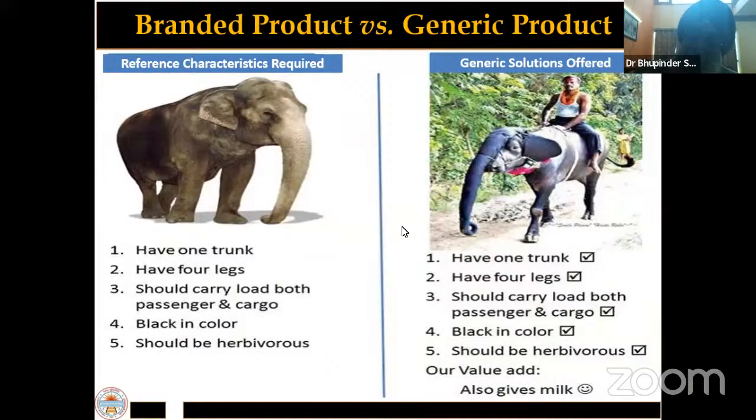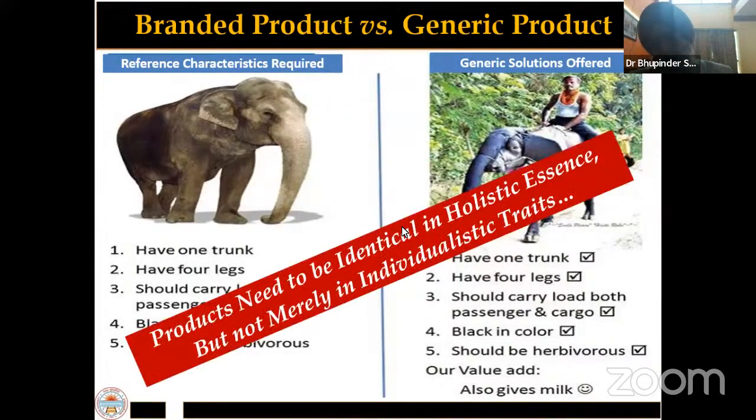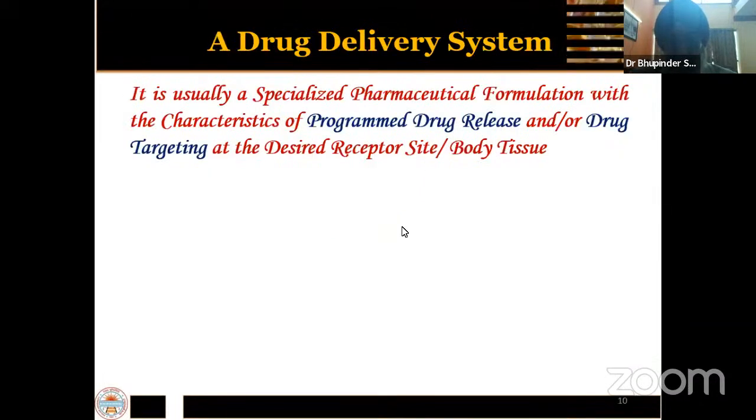Lest it may happen, the generic products should not be compared on individualistic traits, but on overall performance. So overall product performance and product characteristics should be comparable, not the individualistic traits, as this slide has demonstrated.